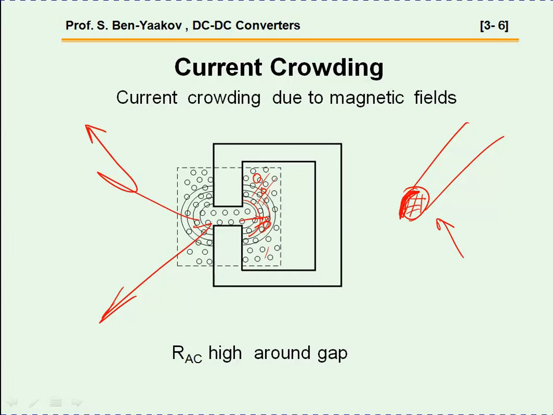So rather than having this diameter of a wire, you have actually a smaller wire. So the resistance will be higher, and of course, for a given current, the temperature rise will be higher because of the thermal losses. So these are really the problems with the gap, and usually you'd like to move the windings away from the gap and not put them on it, because of the reasons that I've just mentioned.